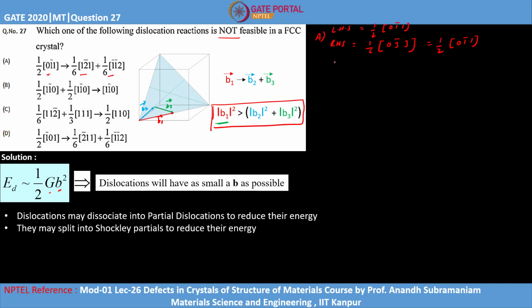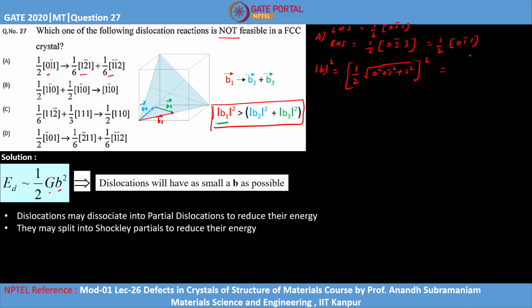Now if you see the energy balance, the magnitude of b1 squared will be equal to 1/2 under root of 0 squared plus 1 bar squared plus 1 squared, the whole squared.